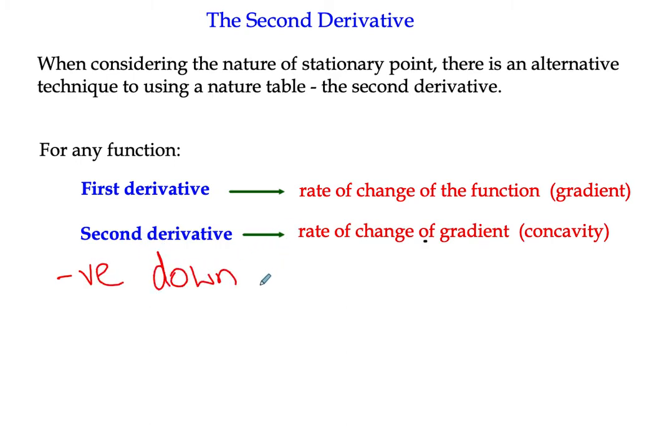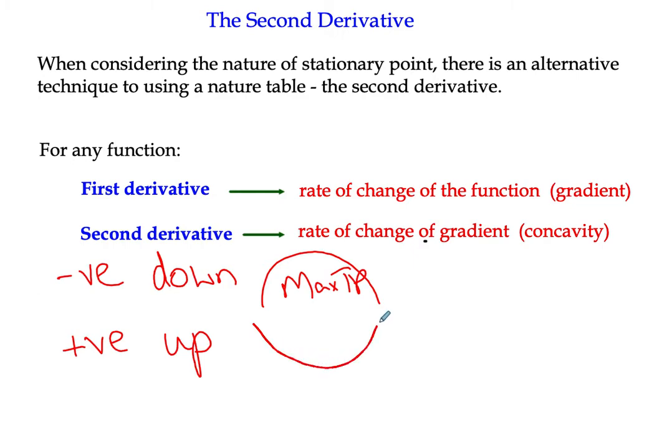And concave down means that it goes like this. The gradient is becoming more and more negative. In other words, we've got a maximum turning point. And if the second derivative is a positive value, that means it's concave up, which means that the gradient is becoming more and more positive, which means you get a minimum turning point.